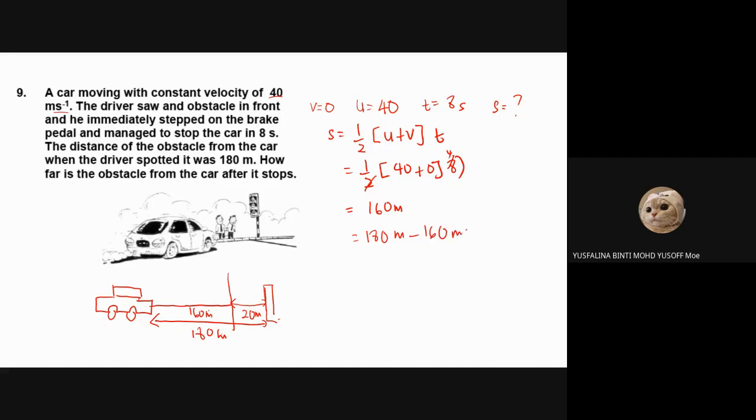Can you understand? Does anyone want the teacher to repeat again? The correct answer is 20 meters. Very good for those who got 20 meters. If you want me to repeat, just tell me and I will repeat for you.